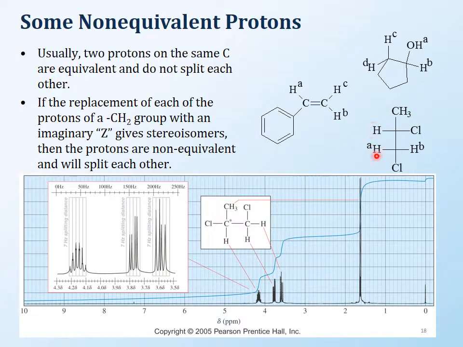Or you can have it in these compounds, and the problem here of course is conformational analysis, back from organic 1. So when you have restricted rotation, then you will start seeing these 2 protons which are on the same carbon, but you will see them separated out, and so that's when you start seeing non-equivalent protons. So double bond, cyclic compounds, and then when you have conformers which are stuck in one position.